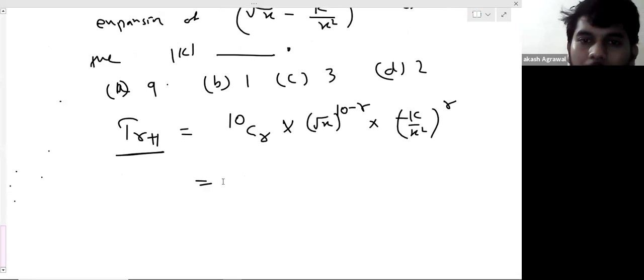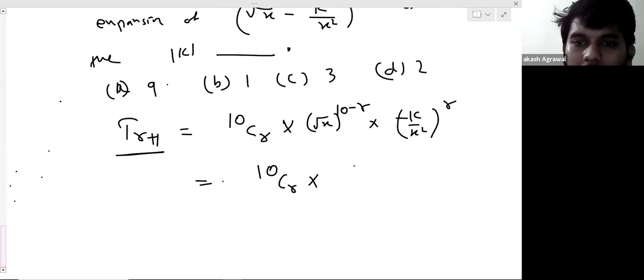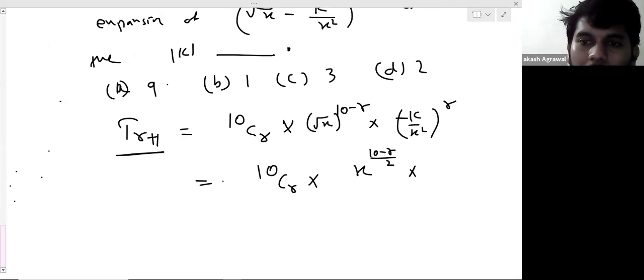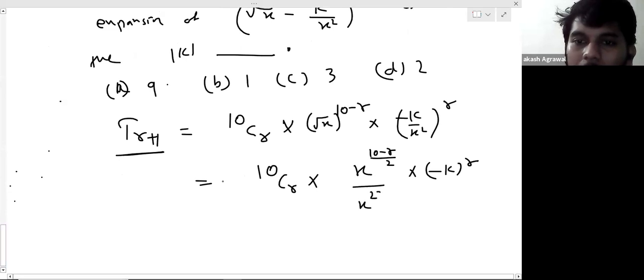So 10CR into x to the power (10 minus r) by 2. And from here we can write this as minus k to the power r divided by x to the power 2r.